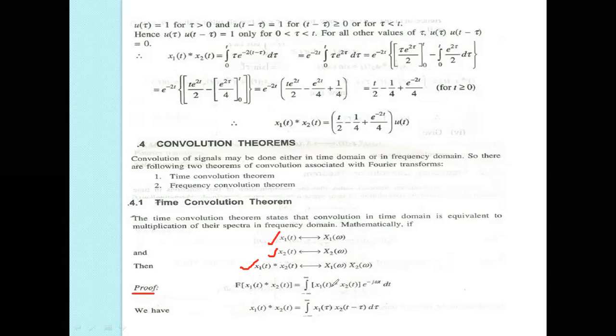Substitute this as the convolution of the two signals. So on the RHS, the integral from minus infinity to infinity, and another integral, x1 of tau x2 of t minus tau d tau, e power minus j omega t dt.